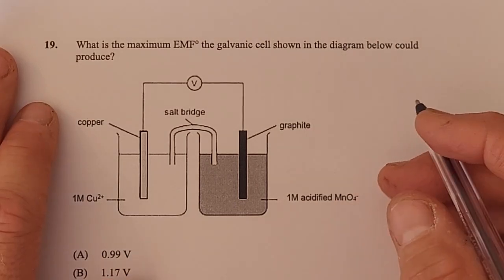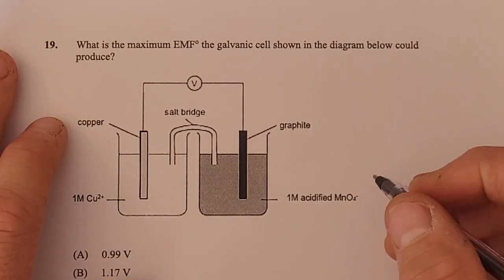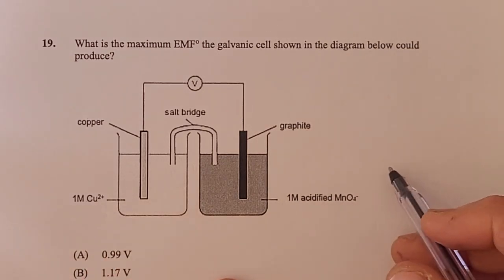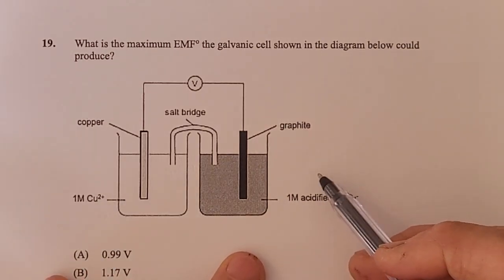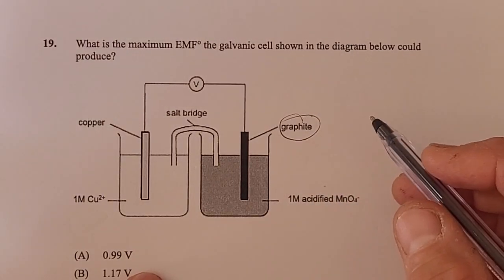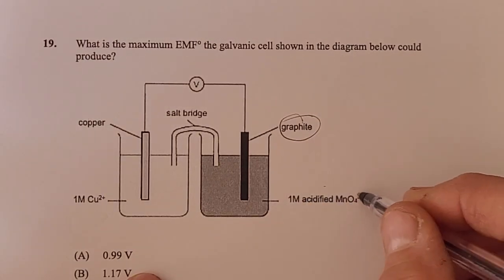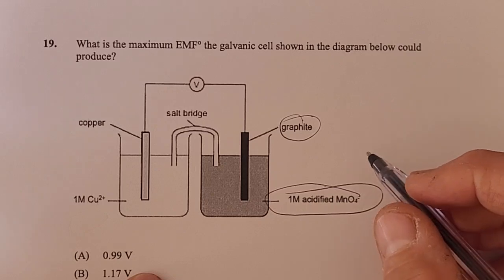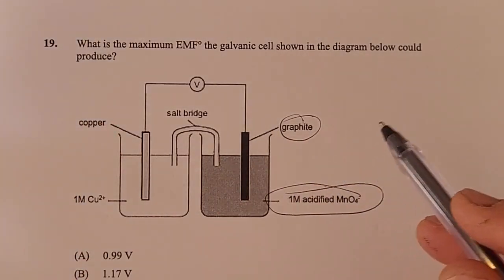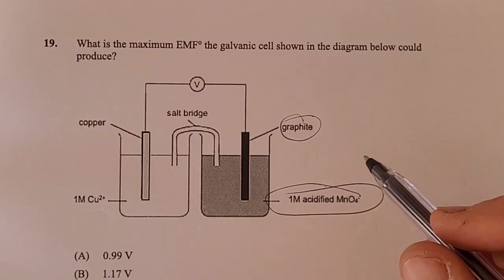What is the maximum EMF, so the voltage that you'd get from a voltaic cell? Well, this is a little bit trickier than a normal one because we're using graphite, and so we're interested in the reduction or oxidation of copper, or the permanganate.